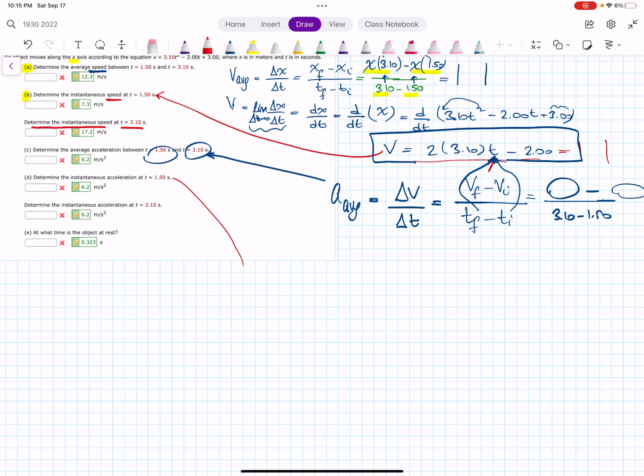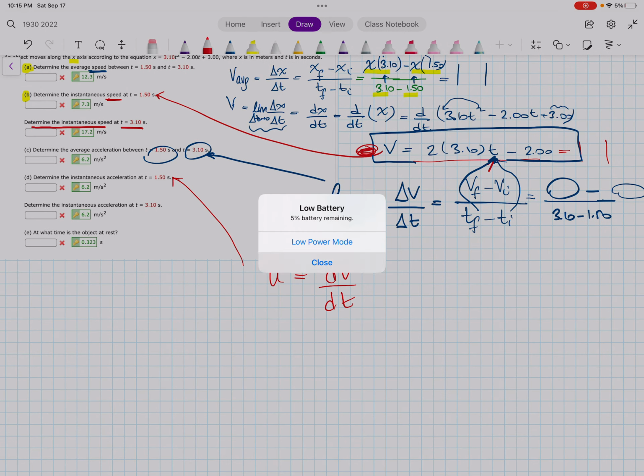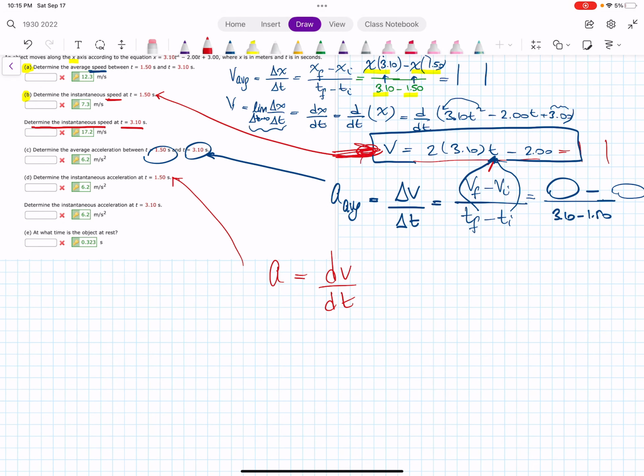Determine the instantaneous acceleration at t equal to 1.5 seconds. How do you determine the instantaneous acceleration? dv over dt. Remember this velocity equation that you have here? Now you have to take the derivative d over dt of 2 times 3.10 t minus 2.00. What's the derivative of a constant? That's 0.